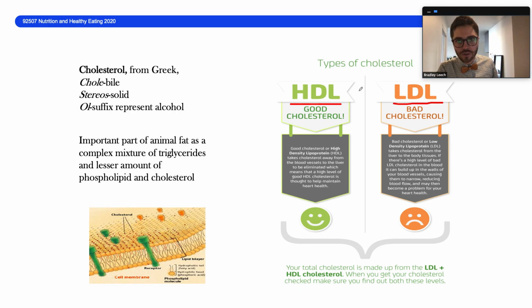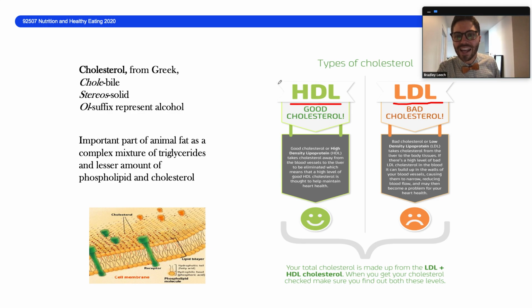Your HDL cholesterol is commonly referred to as your good cholesterol, whereas your LDL cholesterol is generally referred to as your bad cholesterol. When we do a blood test for total cholesterol, this measures both of them and can actually be an inaccurate marker of cholesterol status. I'll explain why.